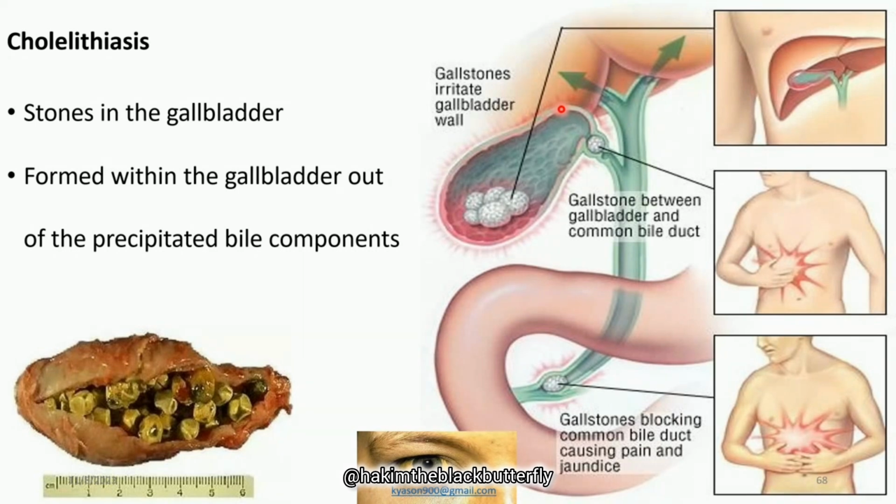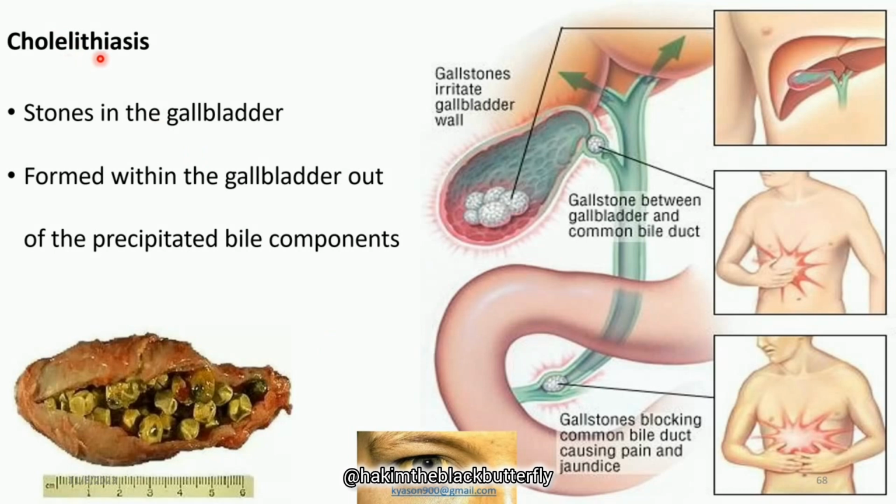Once it leaks into your circulation, it's going to be deposited in different areas of the body: in the sclera of the eye, in the mucous membranes of the mouth, in the palms and the skin. So jaundice can be a symptom or a sign that can be seen in patients with long-standing cases of cholelithiasis.